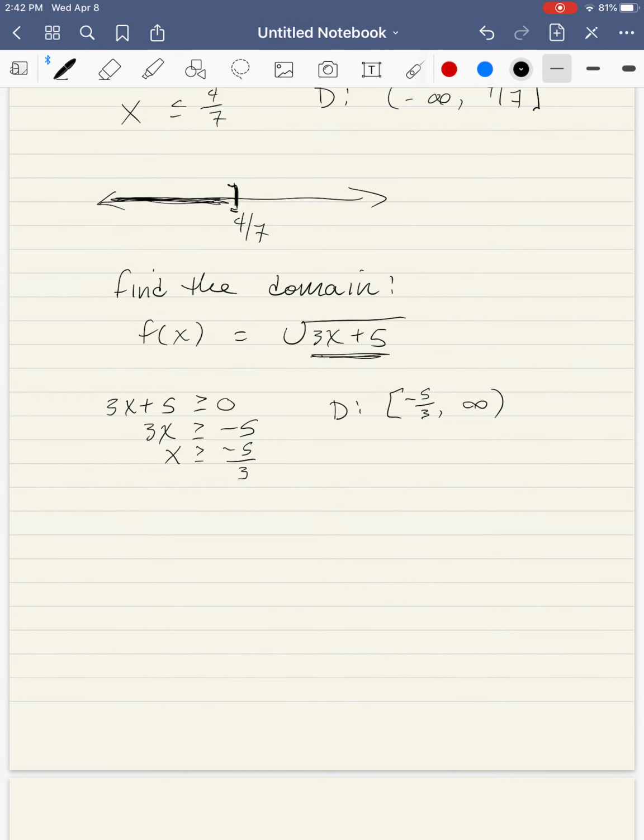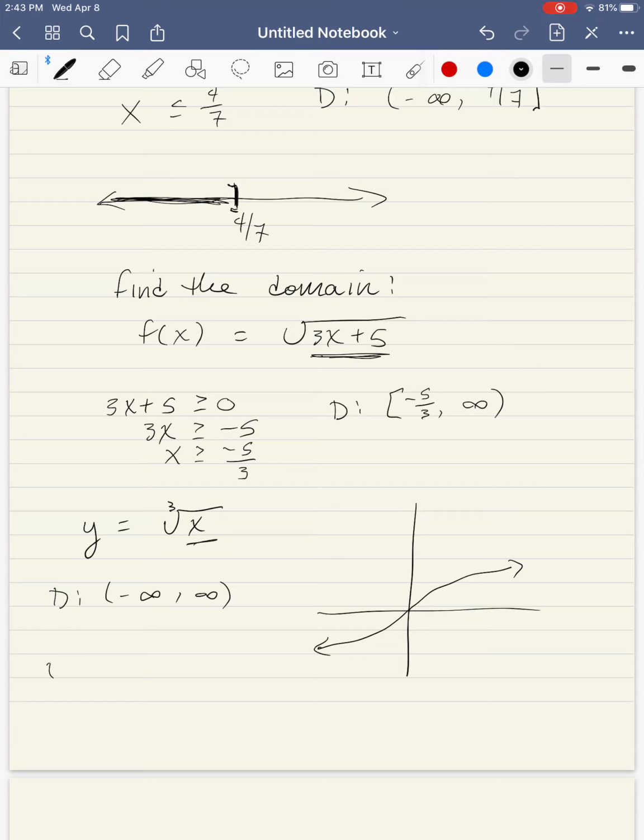Let's look at a function that's a cube root. Remember that the cube root looks like this. And we can see that the domain of this function is negative infinity to infinity. We can put any number we want under this radical because it's a cube root. For instance, the cube root of negative 8.